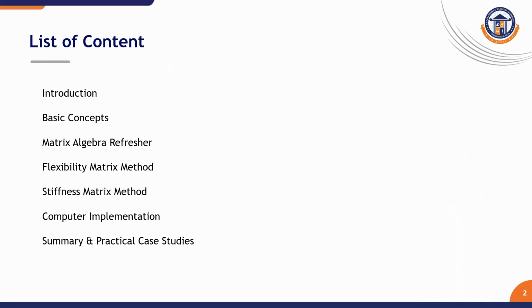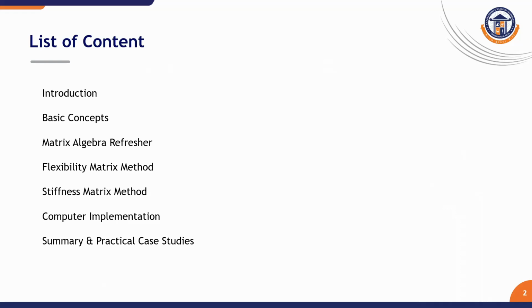To ensure a comprehensive understanding, our discussions will be structured as follows. We will begin with the introduction to the matrix method, and contextually its importance. This will be followed by a refresher on key matrix algebra concepts essential for grasping the technical foundations. We will then delve into the flexibility matrix method, exploring its principle and applications.